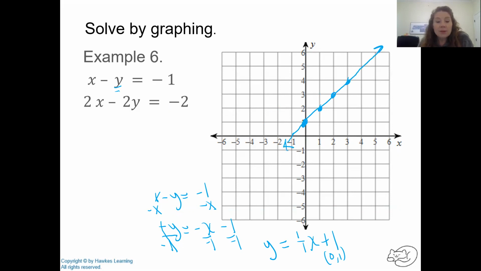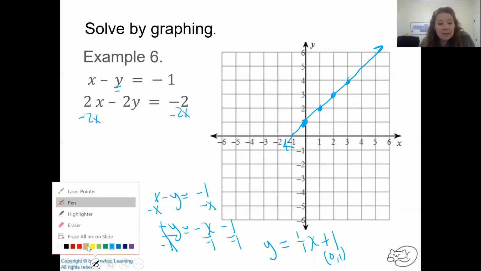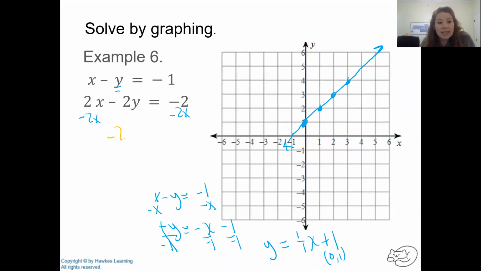All right, on the bottom one, let's get rid of 2x. Oh, I need to change colors so I can see my different lines. So I'm going to bring down -2y is equal to -2x minus 2. And then I divide every single term by -2.